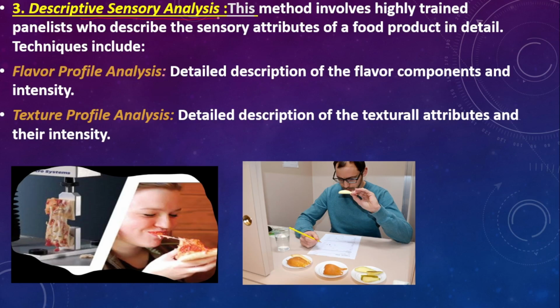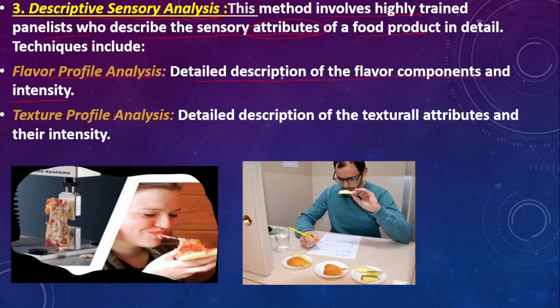Next is the descriptive sensory analysis. It involves highly trained panelists who describe the sensory attributes. Attributes are the qualities or characteristics of the food product. In this, we will see the flavor profile analysis. It gives a detailed description of the flavor components and their intensity. What is the flavor component of the apple? That is ester.